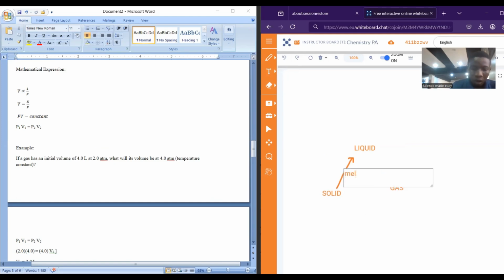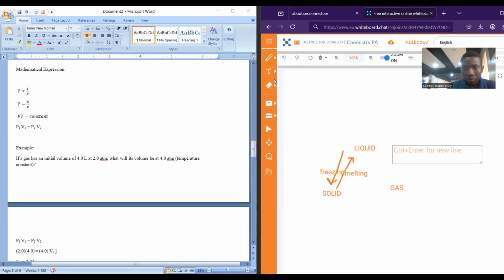So the solid being converted to liquid is melting. And from liquid to solid is what I would call freezing. So that process is called freezing.